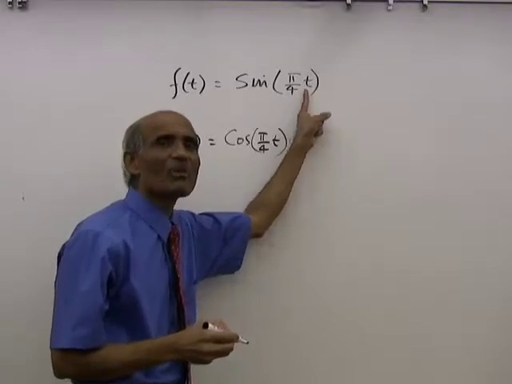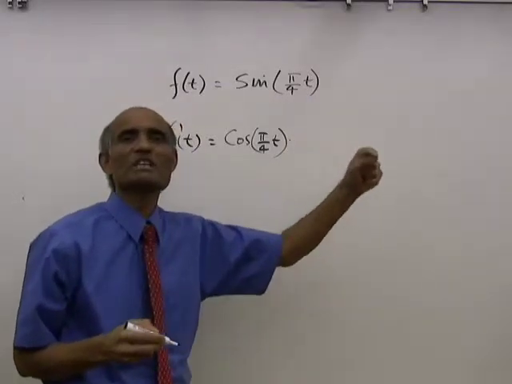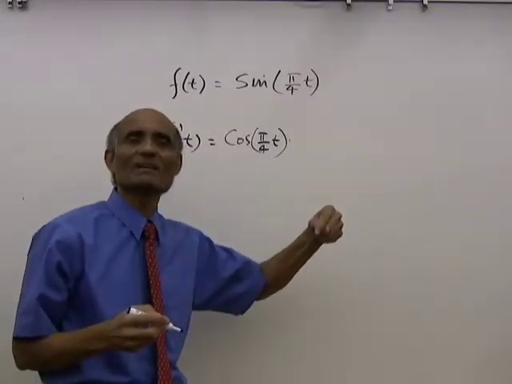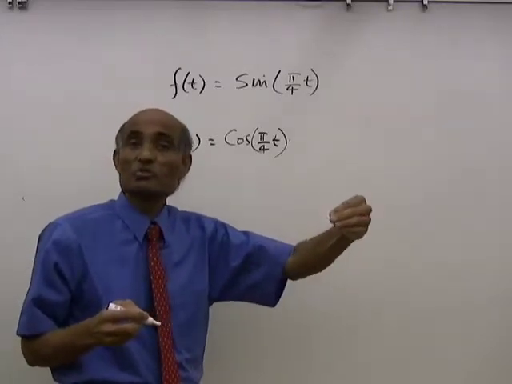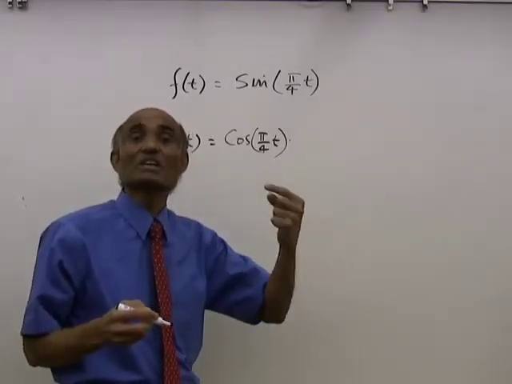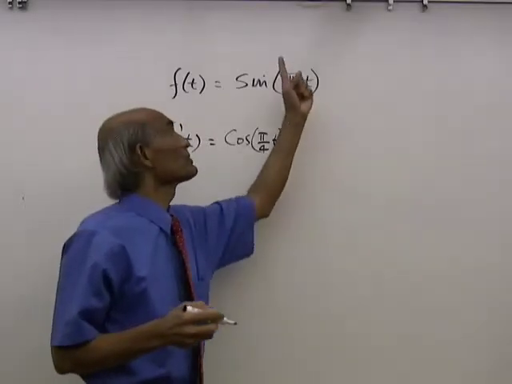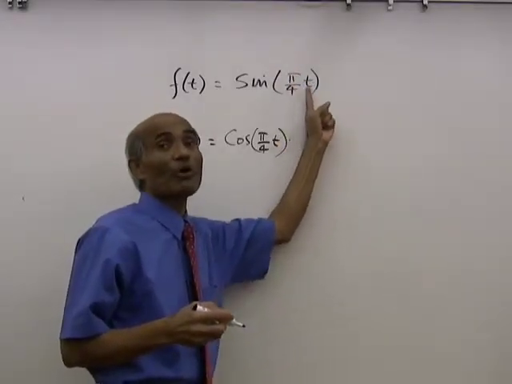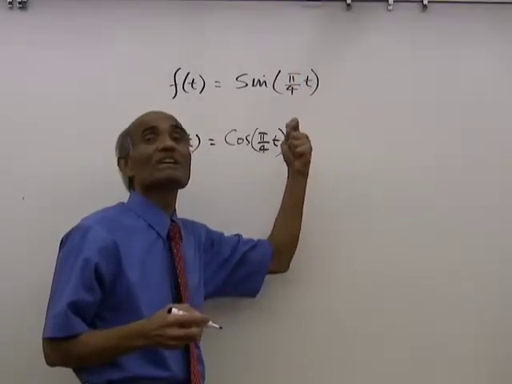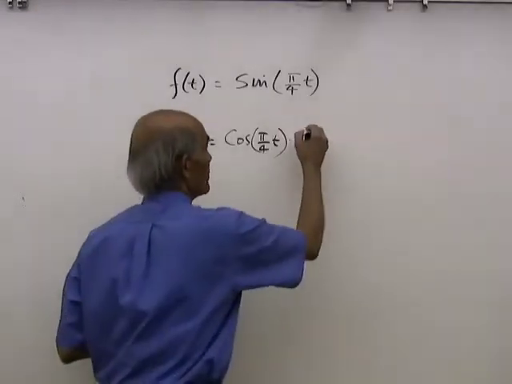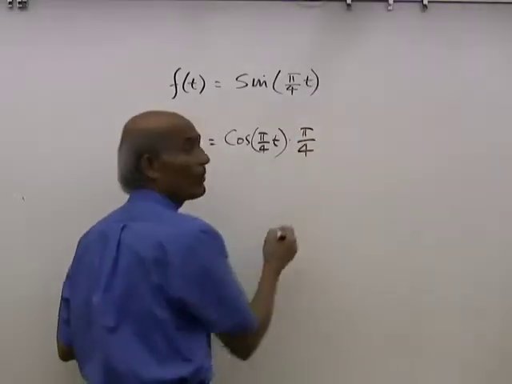What is the derivative of pi by 4 t with respect to t? The derivative of 2t with respect to t is 2. The derivative of pi by 4 t with respect to t is pi by 4. So that will be pi by 4.